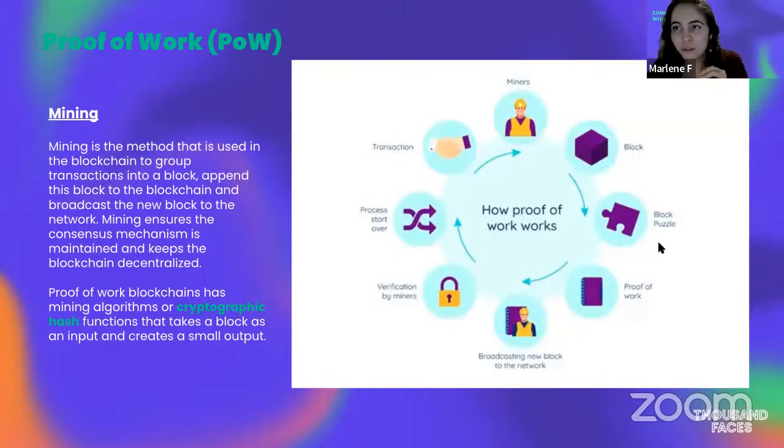And this is where the proof of work comes into place, a mechanism to keep these new incoming blocks in the network. The miners are verifying these new incoming blocks into the chain, and it goes back into the system, so it's a cyclical system.